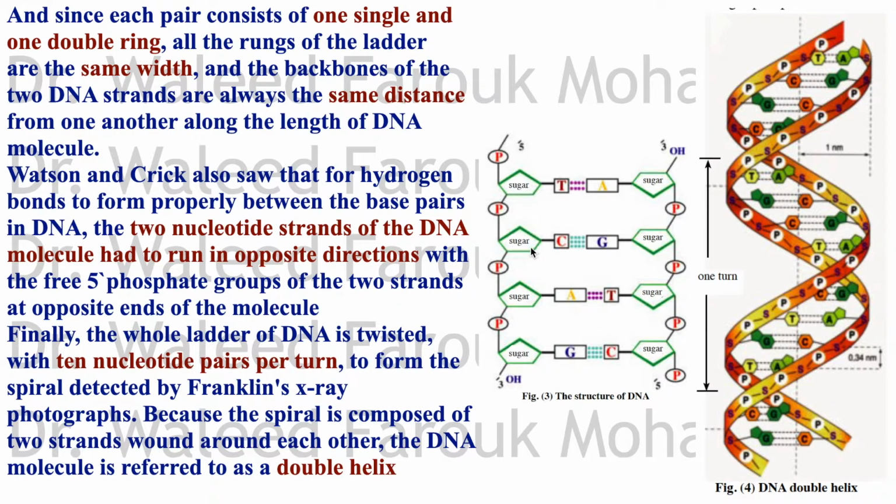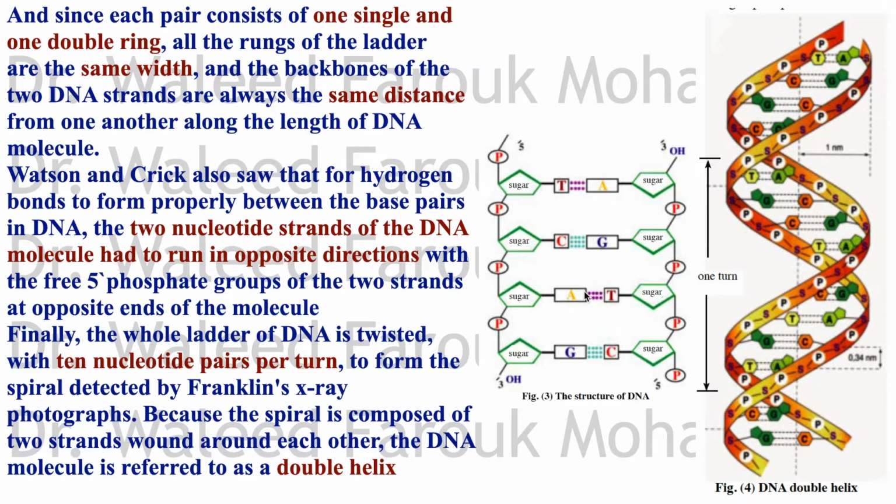This means that the width is the same, because in each rung there is a purine and a pyrimidine, so the rungs are the same in number of rings. So it's the same distance between one another and along the length of the DNA molecule.